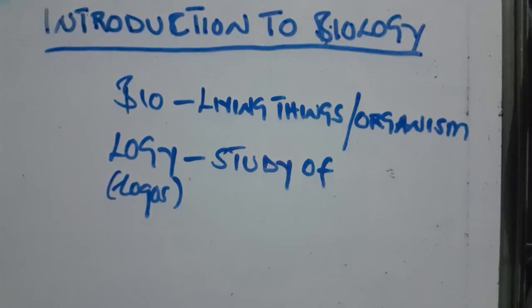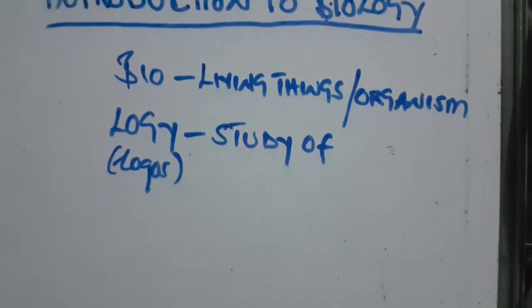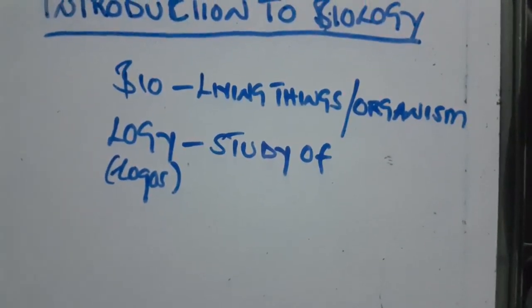Away from that, we can also look at the two major branches of biology. Biology being a subject, by definition, it is a study of living organisms. So biology centers on studying two things, which is plants and animals.